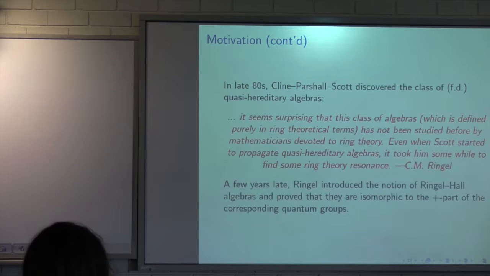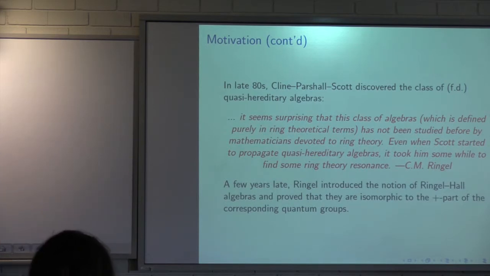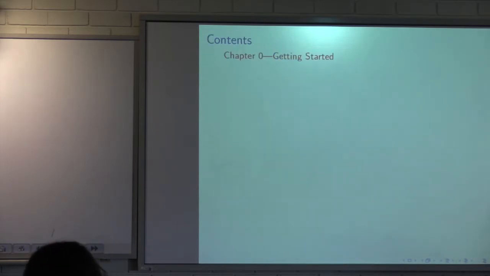So the other way around, you got a new algebra coming from the representation theory of finite dimensional algebras, and this kind of algebra has a direct connection with quantum groups and Lie theory. That's our motivation.